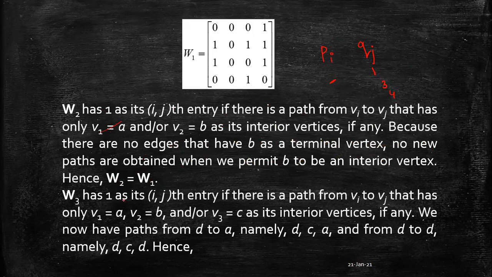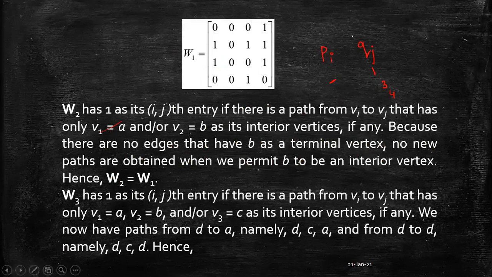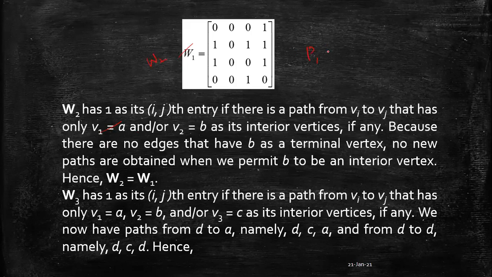Now we have to take W3. For W3, consider the same matrix and we have to take the third row and third column and change the Pi and Qj value. Now in this case, I am considering this as W2 and I am considering Pi and Qj. For W2, I have to take the third row and the third column. So let's take the third row and the third column.